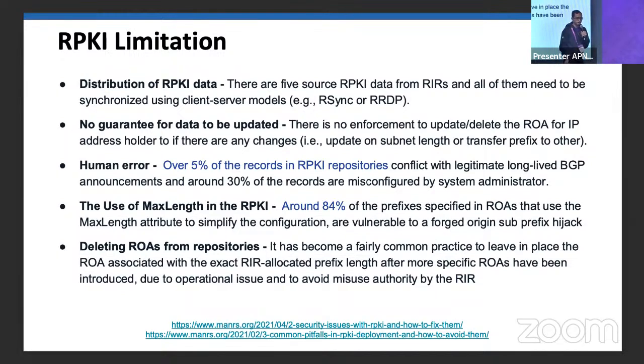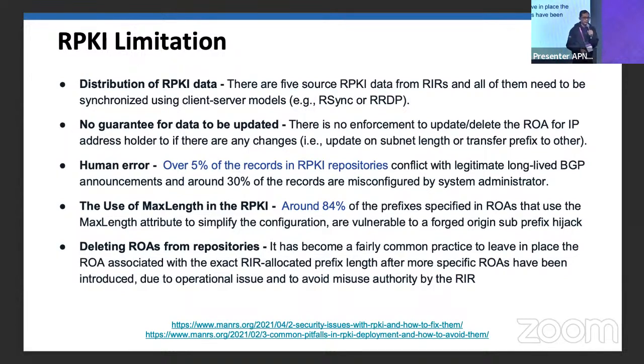deployment. We should know that RPKI actually relies on distributed data, so all the repositories will try to synchronize with each other, and of course we may expect that some of the data may not be synchronized successfully or perfectly.